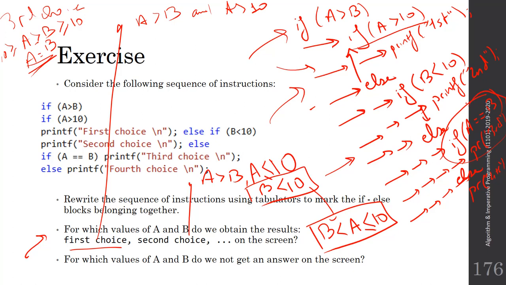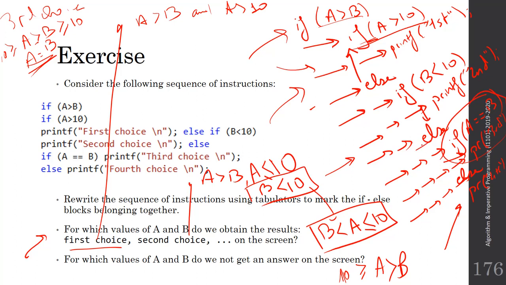So let's see about the fourth choice here. We have seen that we will never ever print the third choice. Let's see about the fourth. Again we have A greater than B. Then I need to be in the else part, so A is less than or equal to 10.